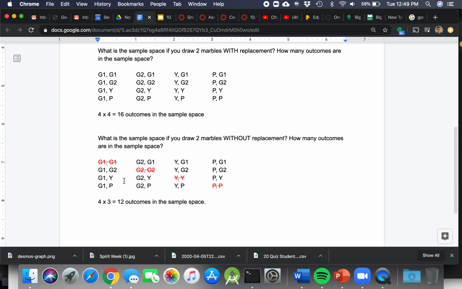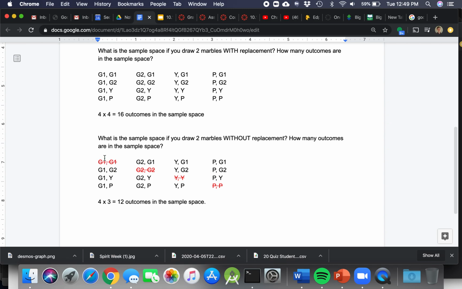How does this change if we draw marbles without replacement? So you draw one and then you don't put it back in before you get the next one. And again, we're also wondering how many outcomes are in the sample space. So I copied the same outcomes over, and then I just wanted to think about which of these outcomes could not happen without replacement.